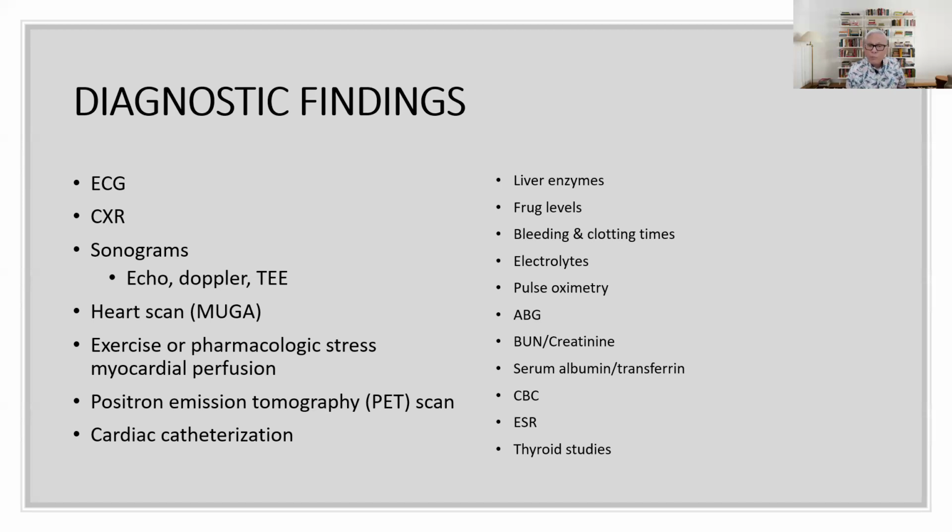Your sonograms, your echocardiography, your Doppler, and transesophageal echocardiography are also going to be very important because, in addition to revealing anatomical abnormalities, they will also show you the ejection fraction. Stress testing as well as PET and cardiac catheterizations are going to be useful as well.